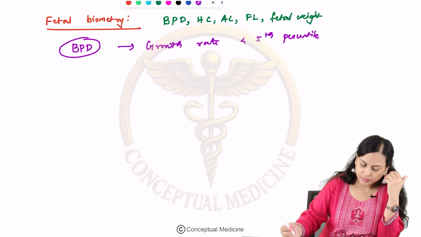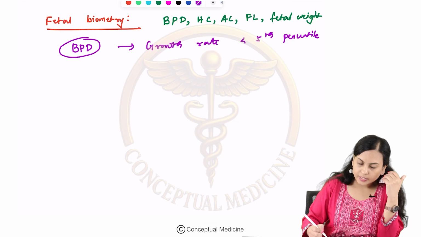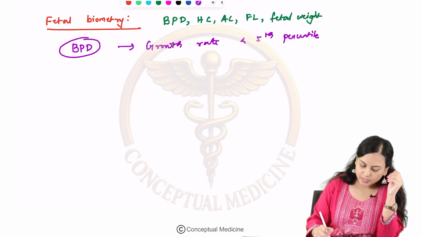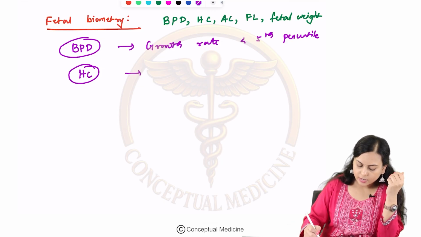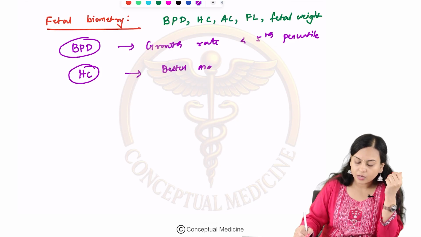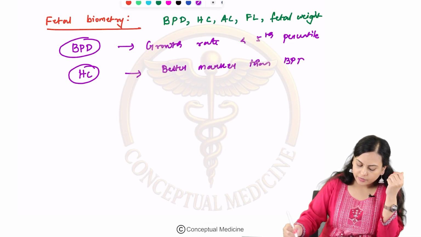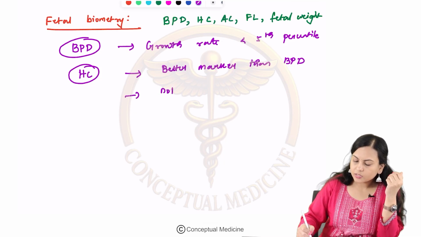Clear? So you have to see the BPD, and when it is having a growth rate less than 15 percentile, then it is a FGR baby. Similarly, when the HC you are considering, this is a better marker than biparietal diameter, and remember, this is not subject to variability.